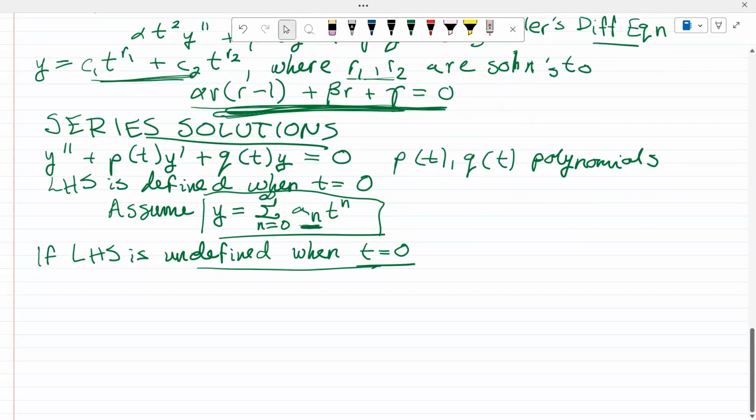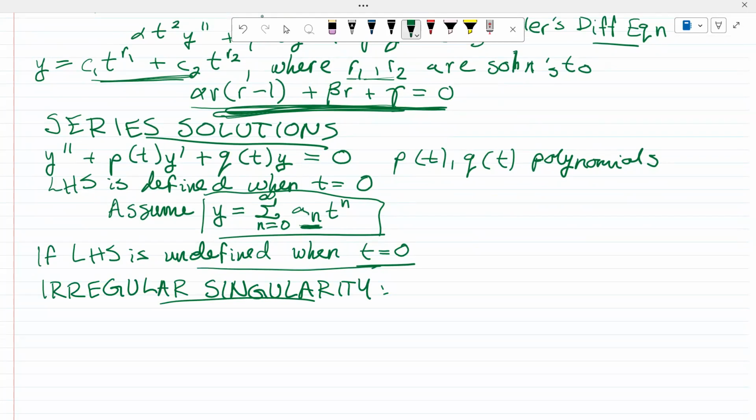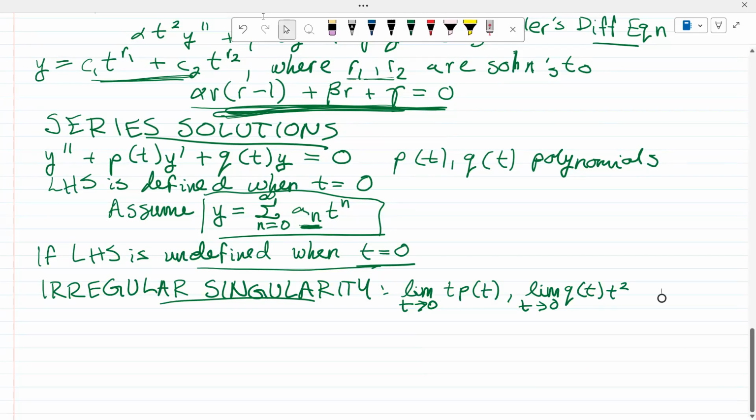So, in the case where there is an irregular singularity, which means that the limit as t approaches 0 of t times p of t, and the limit as t approaches 0 of q of t times t squared, if either of these don't exist, or are equal to plus or minus infinity, then we call this an irregular singularity, and we can't do anything with that.